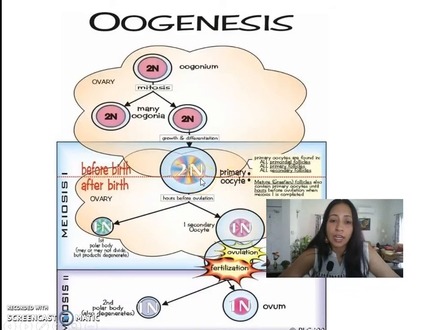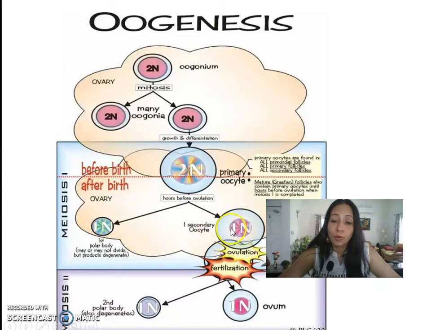As a result, a haploid secondary oocyte is formed, and a small polar body is formed. This polar body gradually gets consumed by the body itself, and it disappears. But this large cell, which is formed by the division of primary oocyte and contains the major amount of cytoplasm, becomes the secondary oocyte.